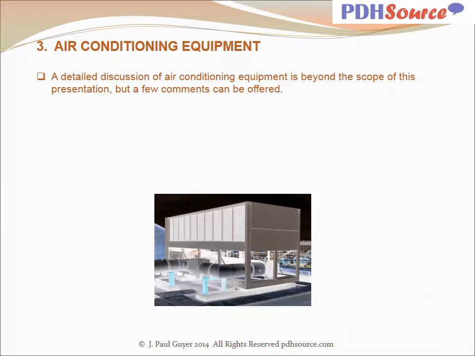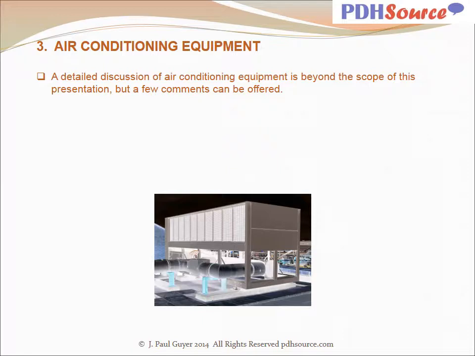Now we'll move on to chapter 3 here, if you will, and talk about the air conditioning equipment and systems. There are many different pieces of equipment that can be employed in an HVAC system, and different ways of incorporating those pieces of equipment into a system.